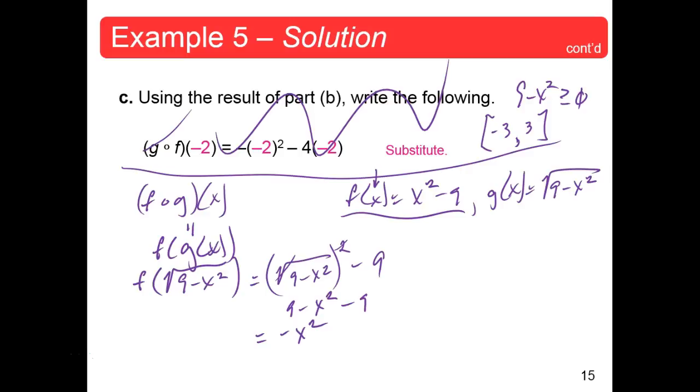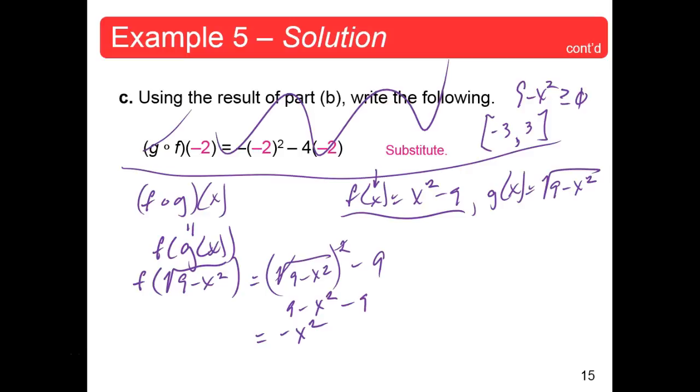Now, what it asks is what is the domain of this? Well, guess what? You start with the domain of g, and the domain of g was from -3 to 3. Then you operate on that, and you're going to get a positive number, because this is the principal square root, and it's going to be in between there.